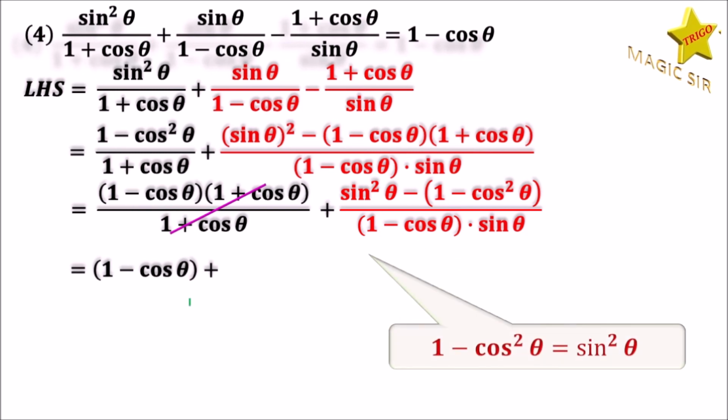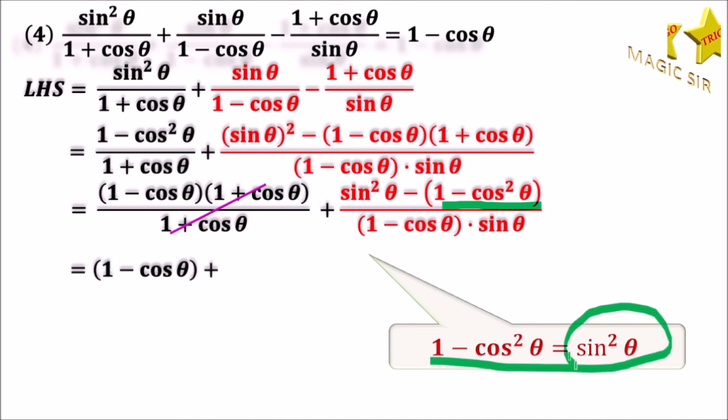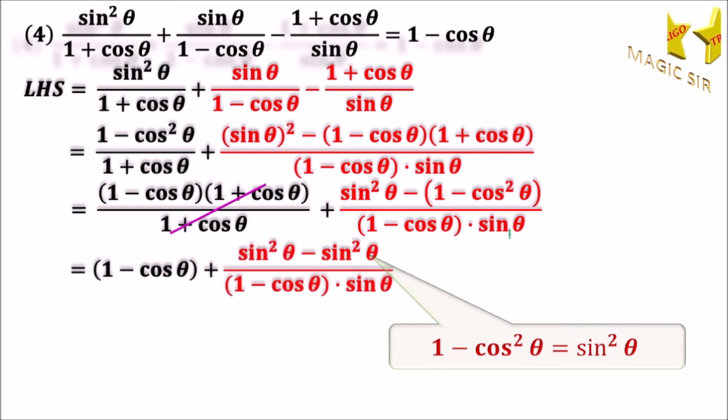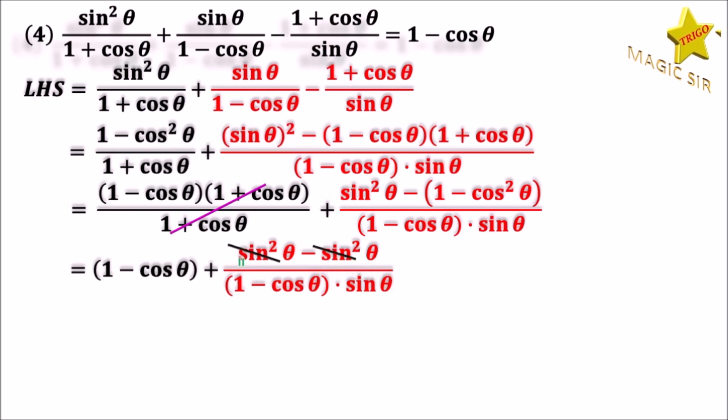minus 1 minus cos square theta. But we know that 1 minus cos square theta equal to sin square theta. So we can replace 1 minus cos square theta with sin square theta. Here positive sin square theta cancels with negative sin square theta.